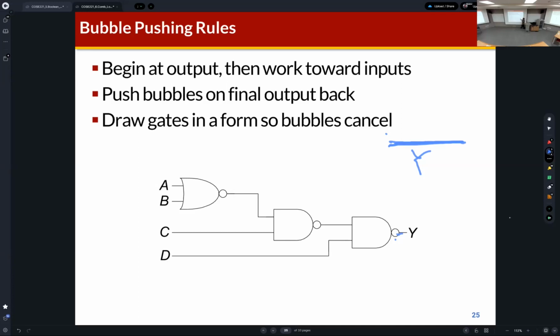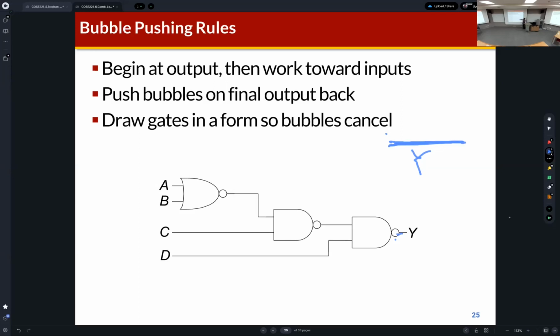Then we can push bubbles to the inputs. So we can start from this final gate, and then we can apply the De Morgan theorem here. Actually, as you can see, this circuit is already an optimized circuit, right?